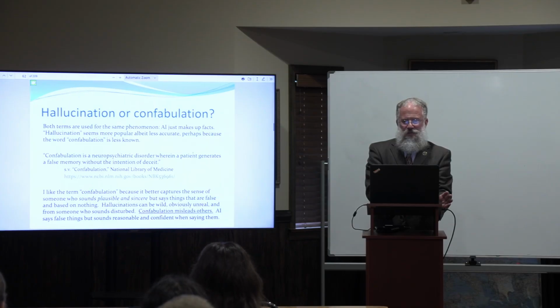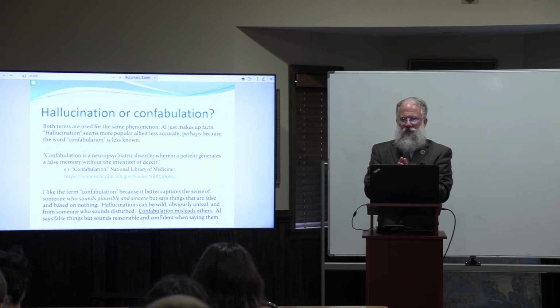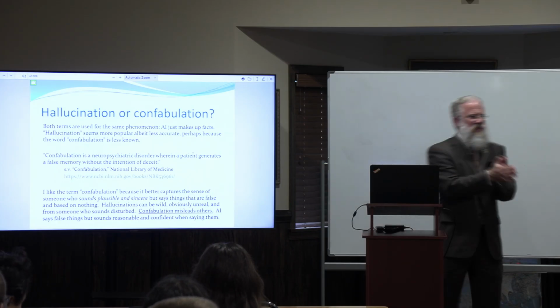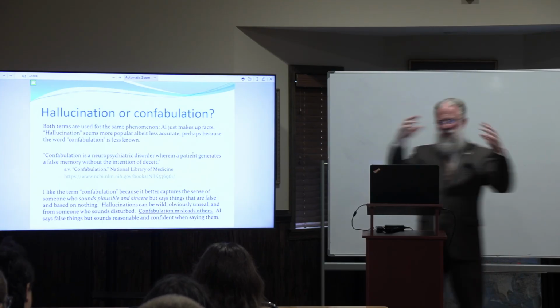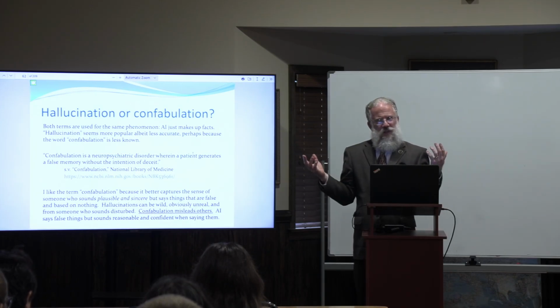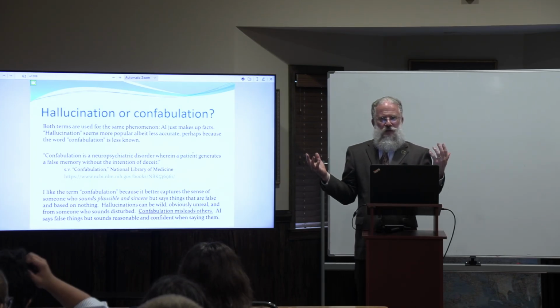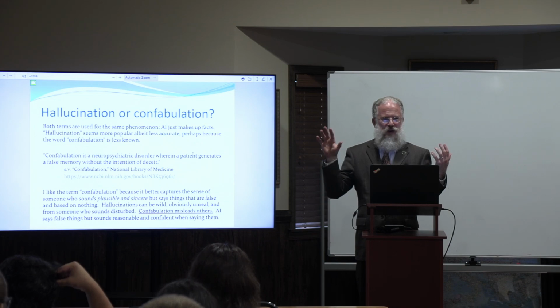And I like the term confabulation, which was an early term, now less commonly used, because it better captures the sense of someone who sounds plausible and sincere when they tell you something. A hallucination to me sounds like really trippy, right? If somebody's hallucinating, you generally go like, something's the matter with that person. They're not in their right mind. I shouldn't trust what they say because I can see that they're not really with it right now.